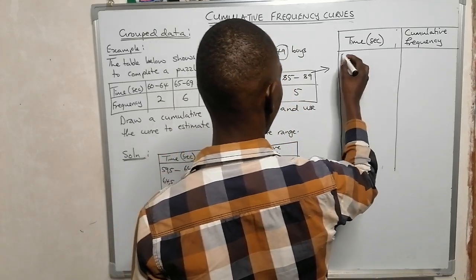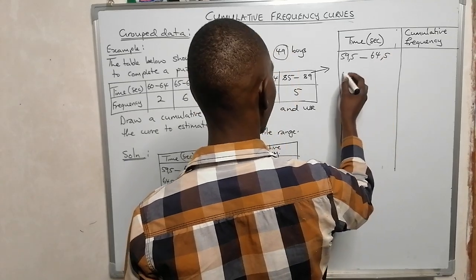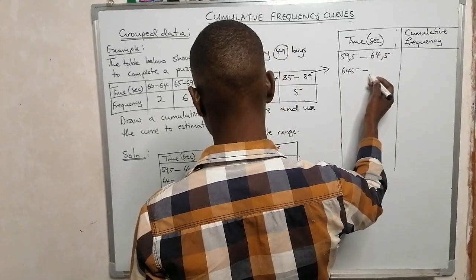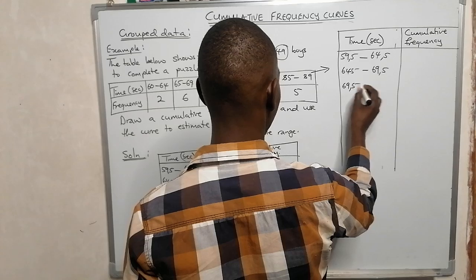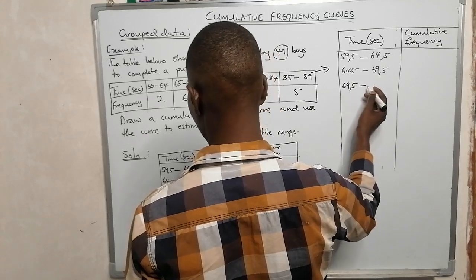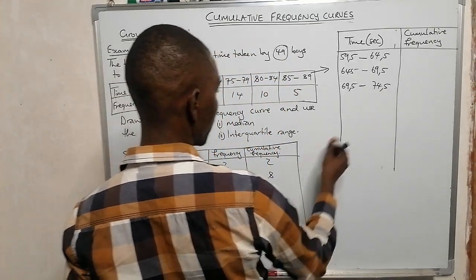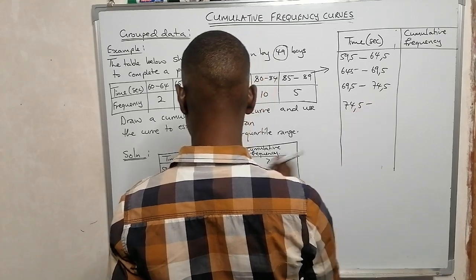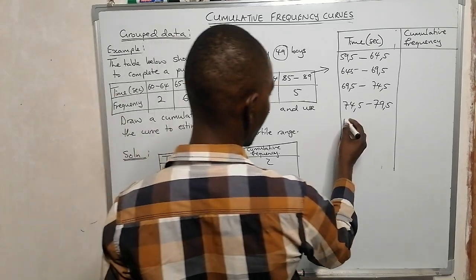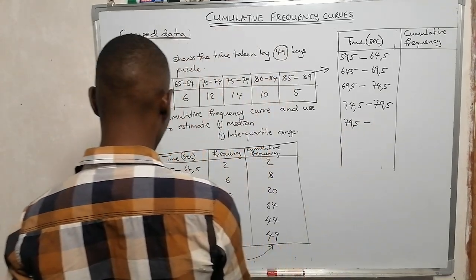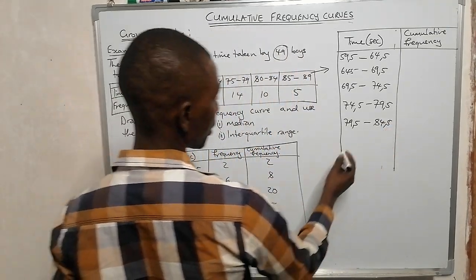Right, here we have 59.5 up to 64.5, 64.5 up to 69.5, then 69.5 up to 74.5, then 74.5 to 79.5, 79.5 to 84.5, then 84.5 to 89.5.